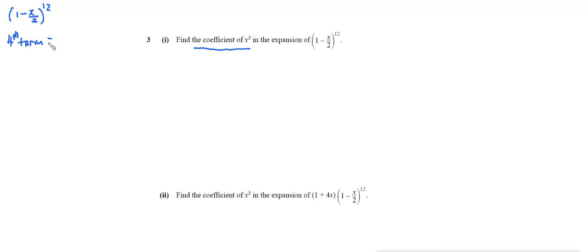Okay, so now we're going to use nCr a to the n minus r, and then b to the r. Since this is the 4th term, n is actually equal to 12.